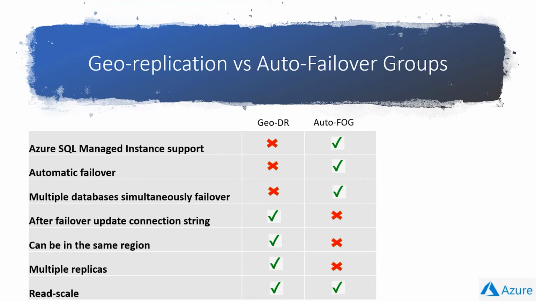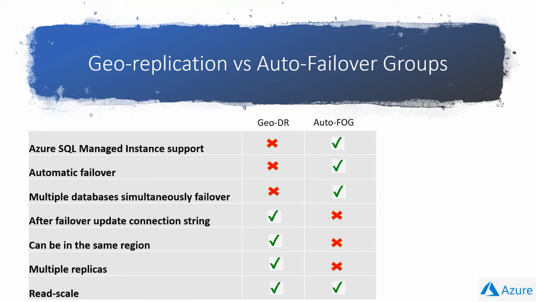Now, we do the auto failover when, let's say, we have a cluster-wide outage, like a power, network, or cooling failure, fire or flood, for example, and that's when you utilize auto failover groups. That's something optional; you can use it, or you can just manually do the failover when something happens, or your application can do the failover. Now, the third point is you can have multiple databases fail over in a simultaneous way. You can do that with auto failover groups.